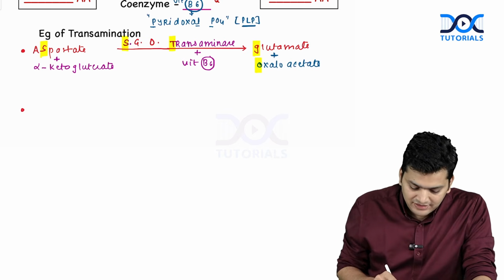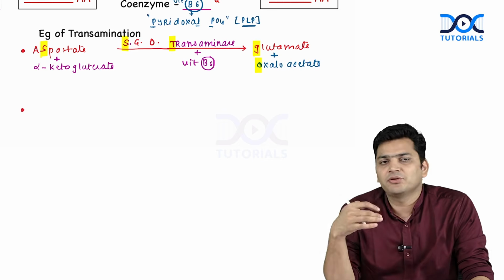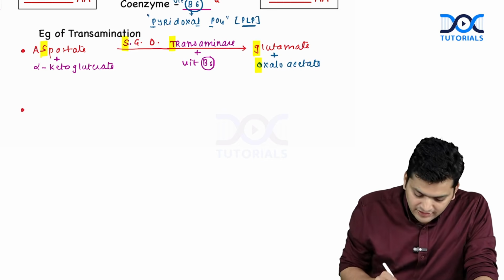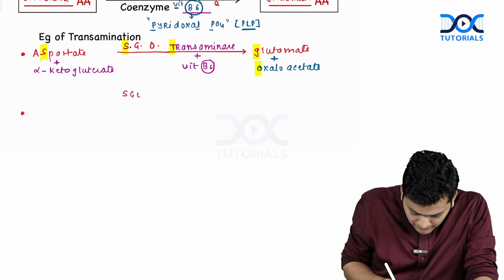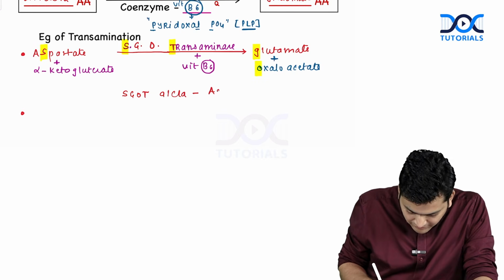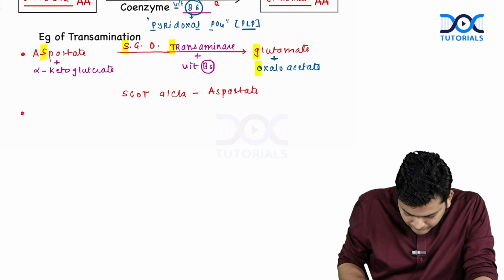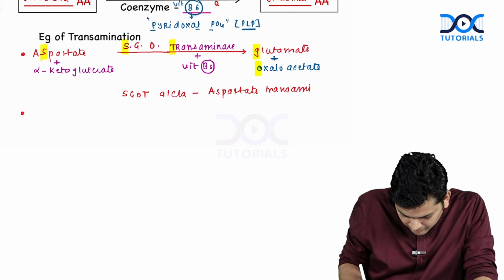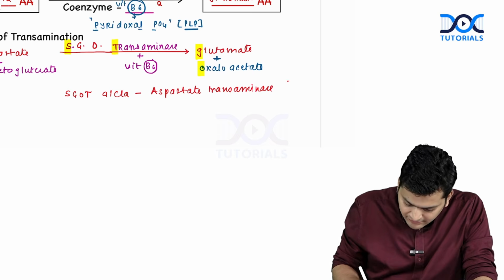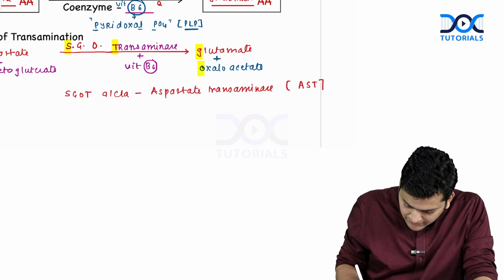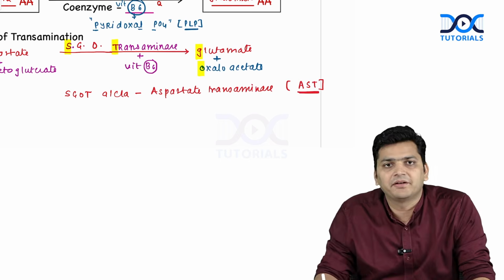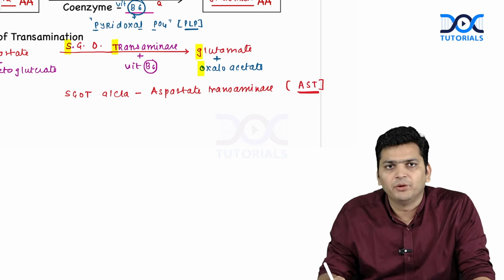This SGOT is basically doing the transamination of aspartate. So this SGOT is also called aspartate transaminase, written as AST. The full form is written below.